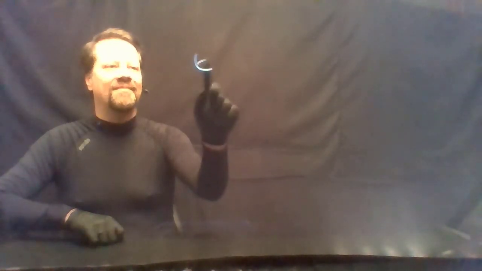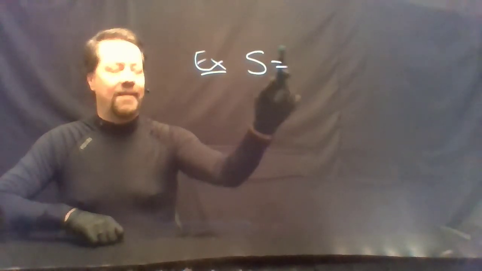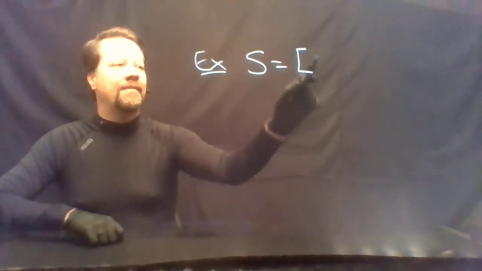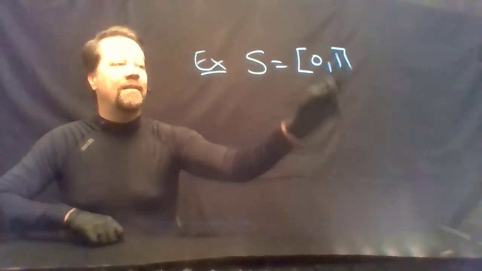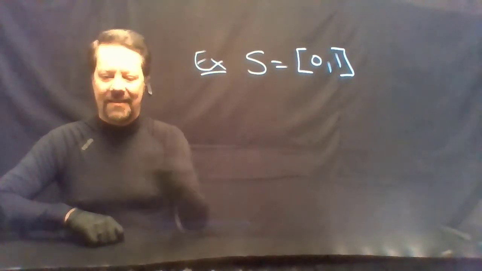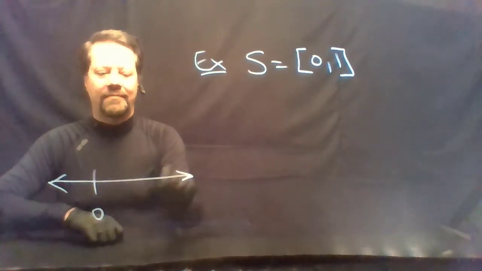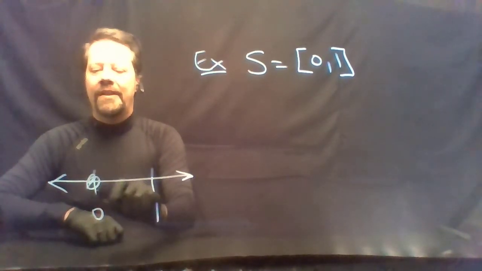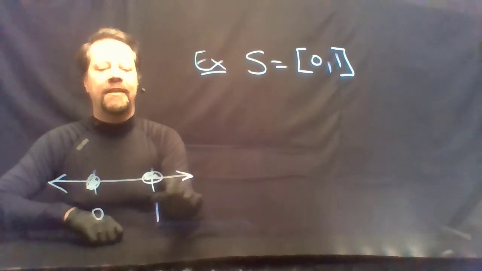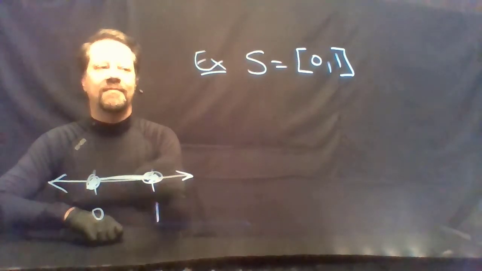I would like to look a little more closely at this idea of the boundary of a set. Suppose my set S in R1 is the interval from 0 to 1, including the endpoints. We're including the endpoints here, so it's customary to fill in these little circles.